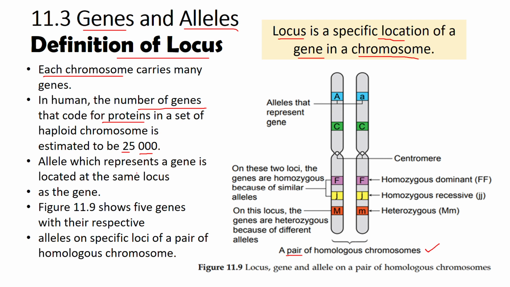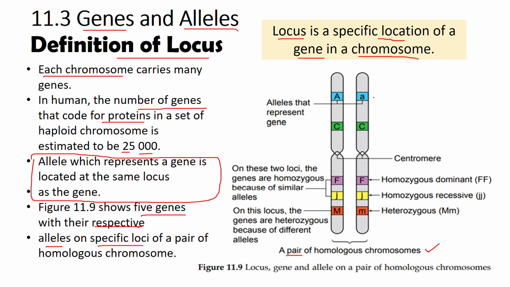An allele, which represents a gene, is located at the same locus as the gene. That is alleles. Alleles represent a gene. This picture shows 5 genes with their respective alleles on specific loci of a pair of homologous chromosomes.